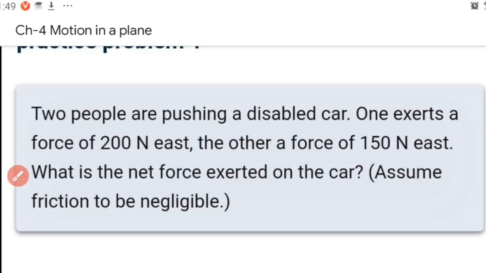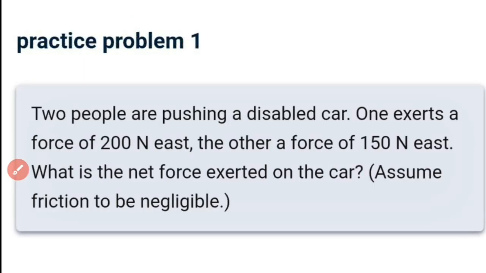Now we will do some problems based on these equations. Problem 1: Two people are pushing a disabled car. One exerts a force of 200 Newton east and the other a force of 150 Newton east. What is the net force exerted on the car? Assume the friction to be negligible. It is a very easy question.